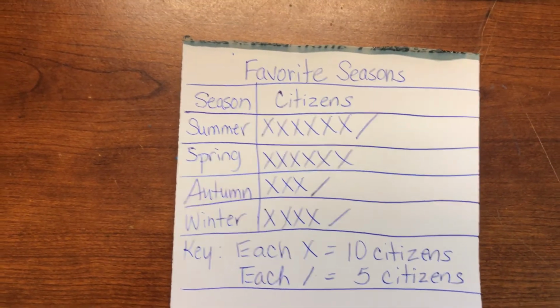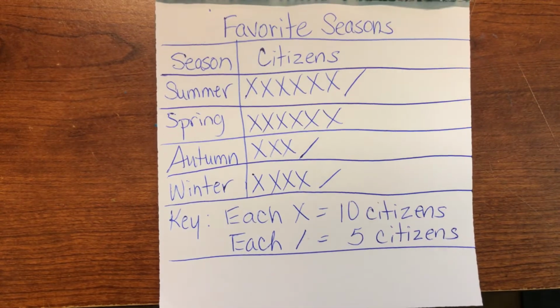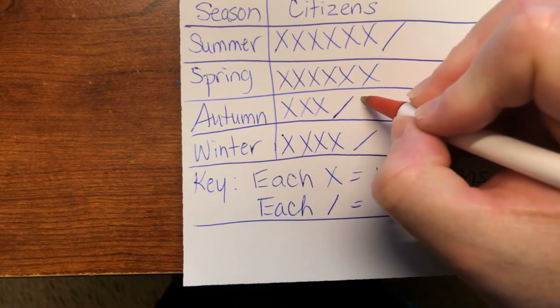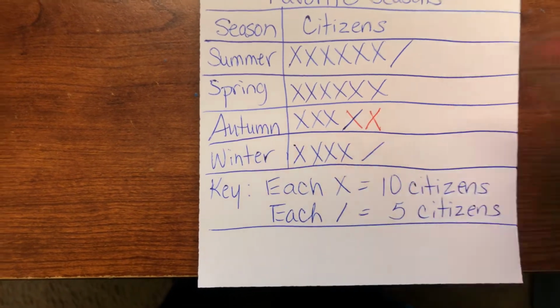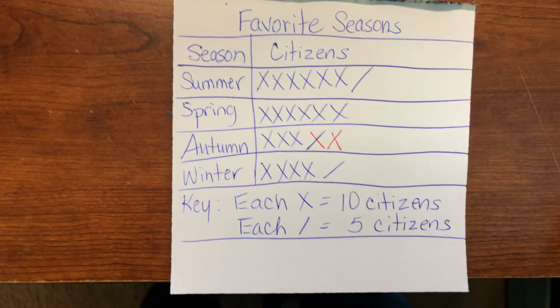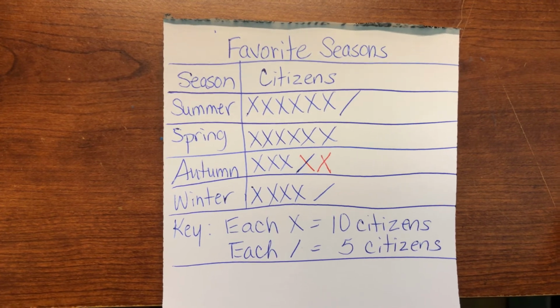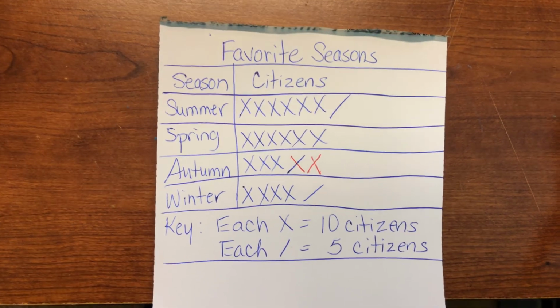Well, how would I do that? I have to go to autumn, and how do I increase something by 15? I first have to add another X for 10 and a half X for 15. So the parts in red are how I've increased autumn by 15. The total that was there, I increased by 15.